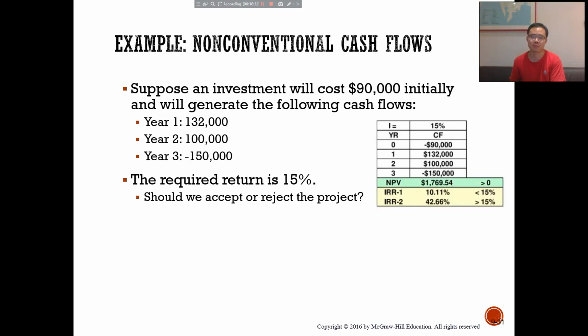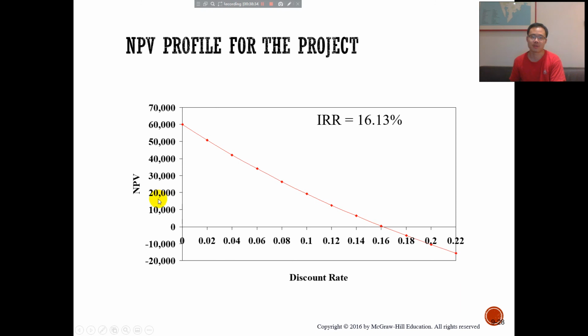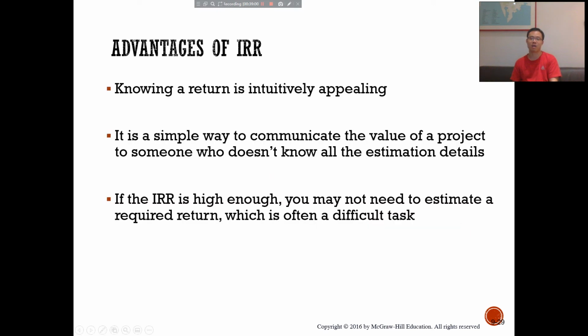For example, in this downward sloping figure, we assume that when the discount rate goes up, the NPV goes down, so this curve will intersect with the horizontal axis at some point to make NPV 0. This intersection point is the value of IRR.